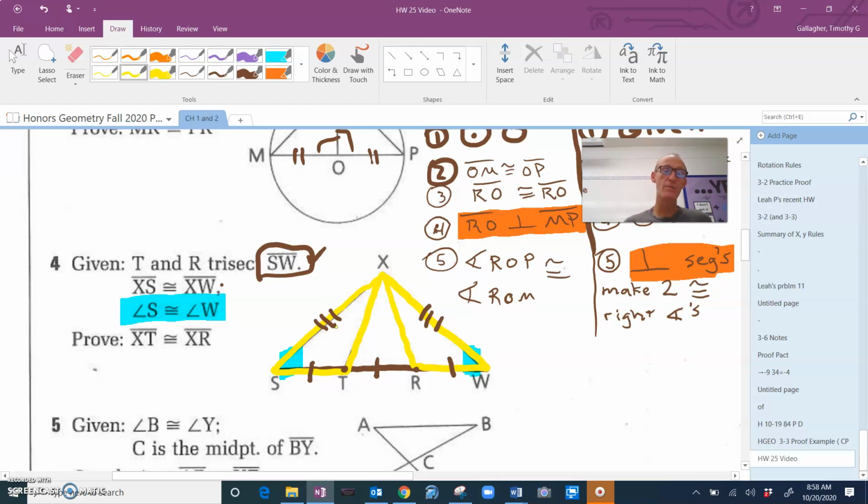Yay! So, if those two triangles are congruent, we can get these two segments congruent here, XT and XR.